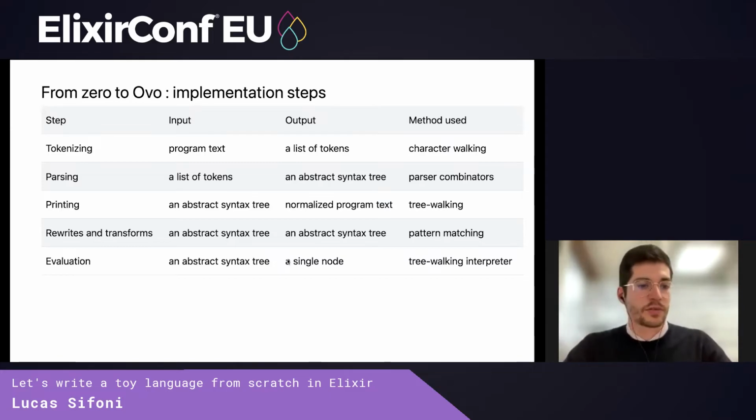And I explored a few rewrites and transforms, like if you want to modify your program before running it, it's a good place to do it on the syntax tree with pattern matching. And finally, we can see how to evaluate that tree up until there's a single node left, which is the output value, with a tree walking interpreter.